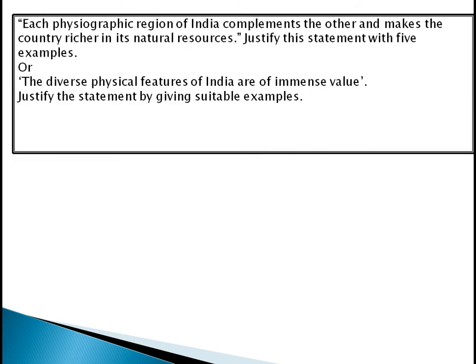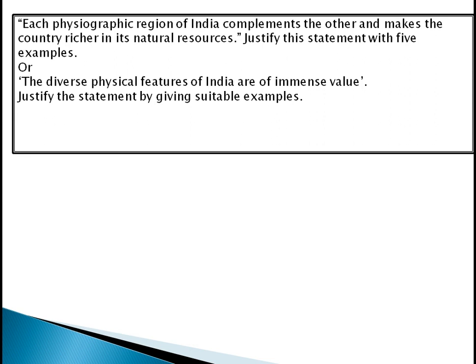Next, please read the question. I place this question only for your reference purpose, so you can understand that in the examination this type of question can come, and now you have to think about which answer you have to write, what the question is asking you.